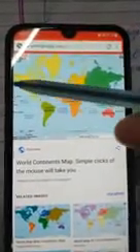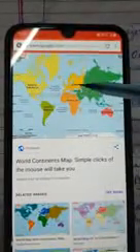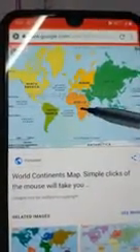Continents means a large area of land surrounded by water. There are 7 continents. You can see in this picture there are 7 continents: North America, Europe, Asia, South America, Africa, Australia and Antarctica. Asia is the largest continent of the world and India is also a part of Asia.